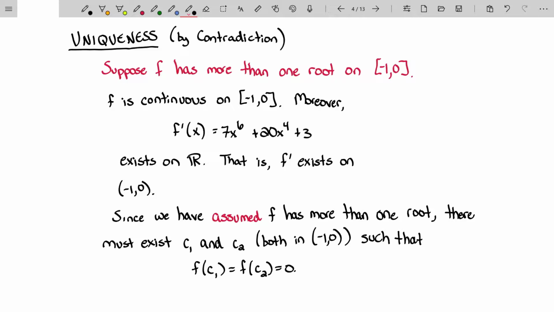Since we have assumed f has more than one root, on that interval from -1 to 0, that is, there must exist c1 and c2 such that f of c1 equals f of c2, which equals 0. And they all nod their heads and they say, of course, yeah, we've assumed that there's 2 places where that function hits the x-axis.